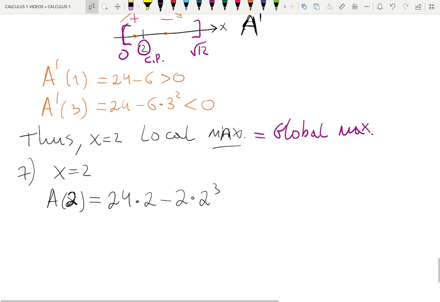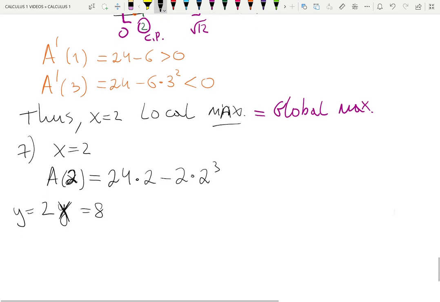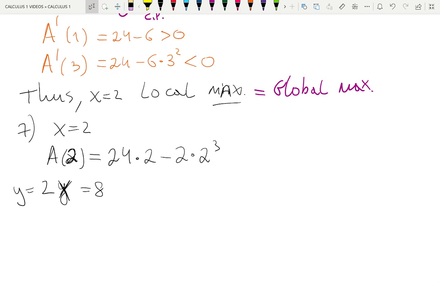And we were asked to find the width and the height of this rectangle. The height is just twice more, y equals 8. And that's what we get for this problem.